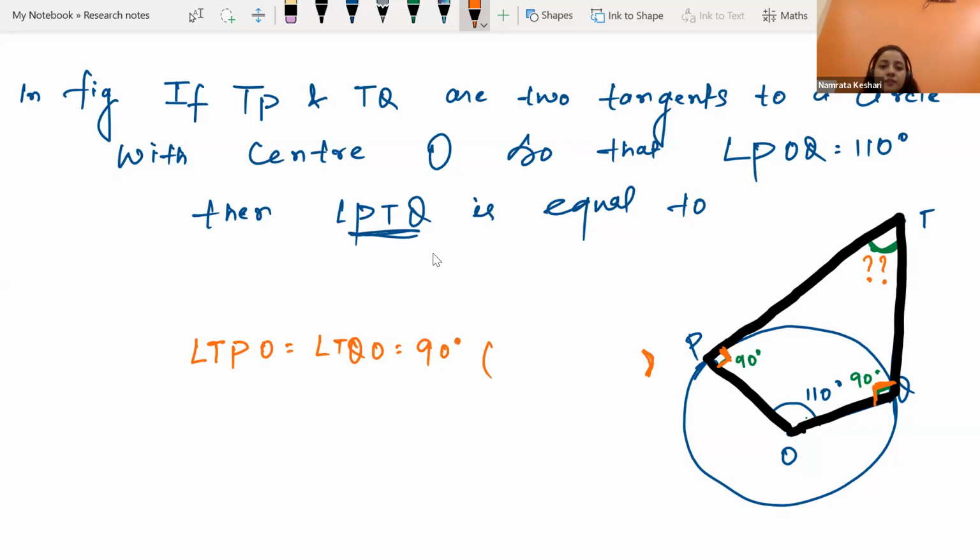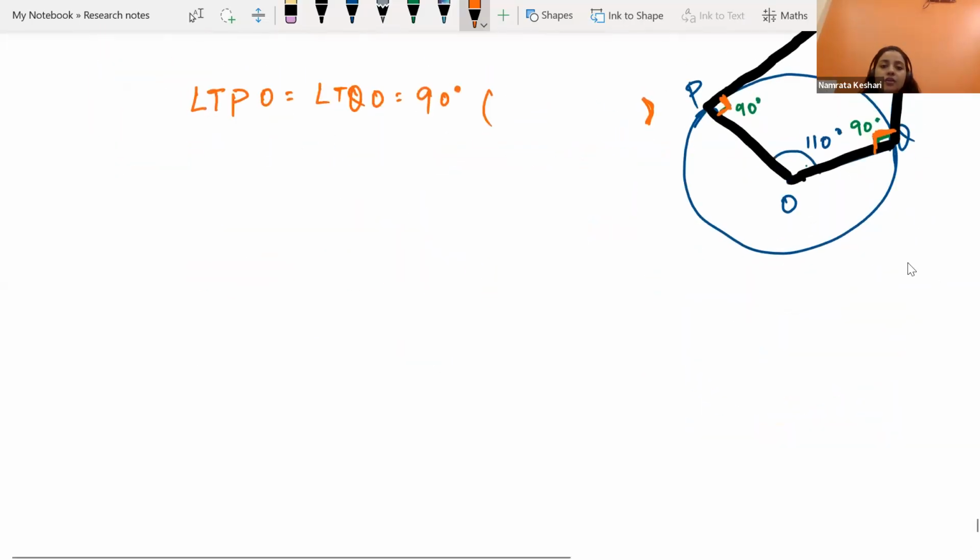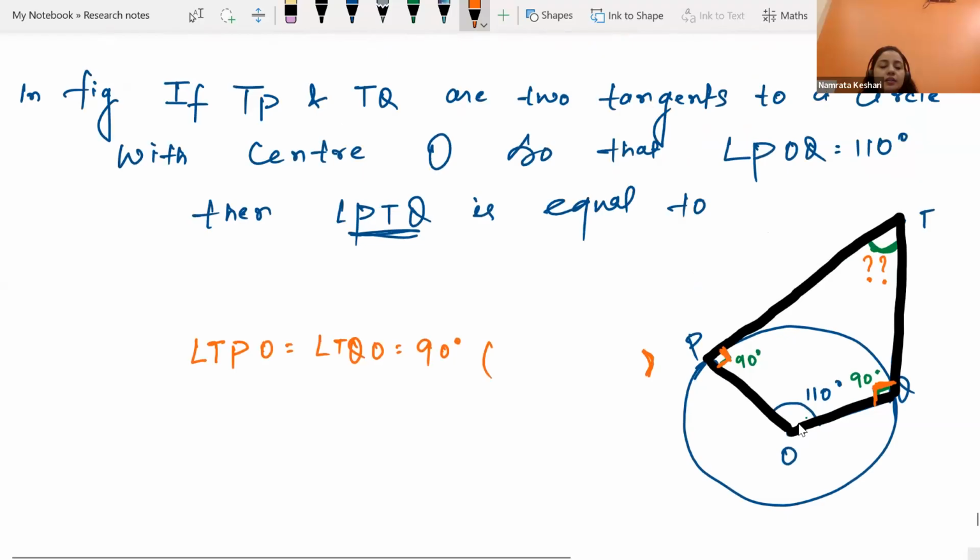Yes, ma'am. Okay, we were just having this circle, and here only 110 degrees is given. This 90 I have written just now. Only 110 degrees is given, and that question mark is what you have to find.